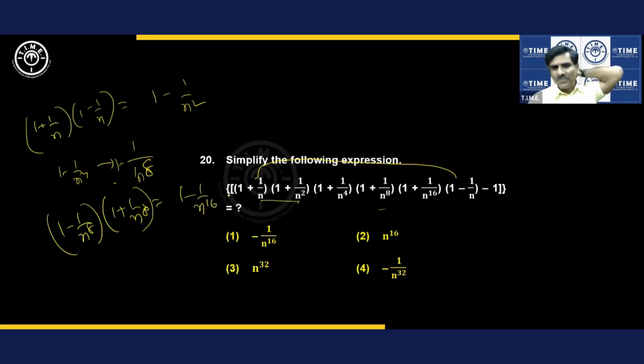Then, one more time with 1 plus 1 by n power 16, multiplying them, it will become 1 minus 1 by n power 32. So we have the minus 1 there. Minus 1 plus 1 cancels, and the answer will become minus 1 by n power 32. So it will be answer choice 4.